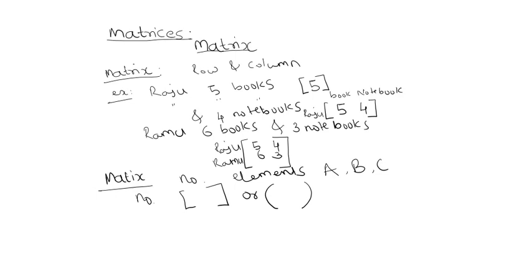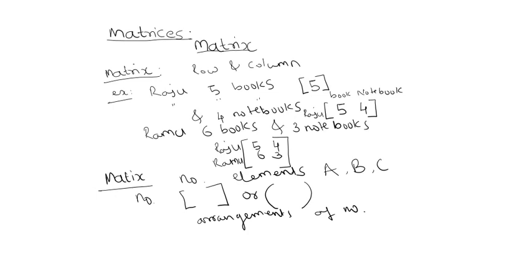That is, a matrix is an arrangement of numbers, denoted by capital letters, enclosed within square brackets. Here elements may be positive, negative, real, complex, integer, anything. So this is about a matrix.